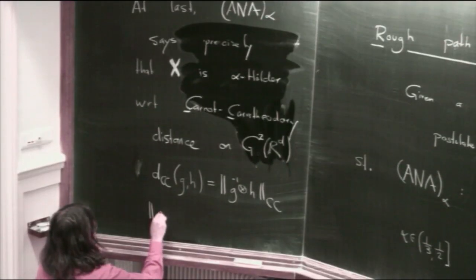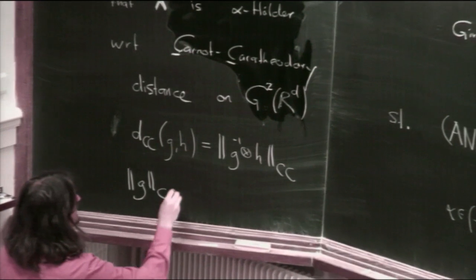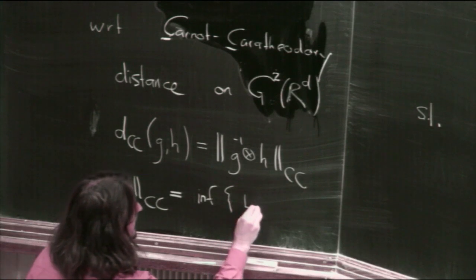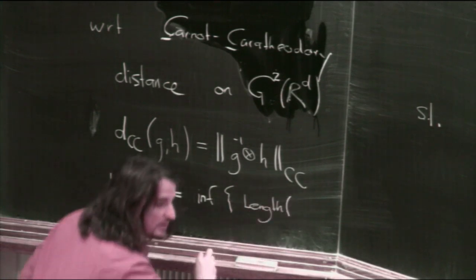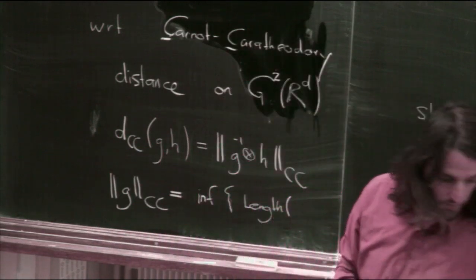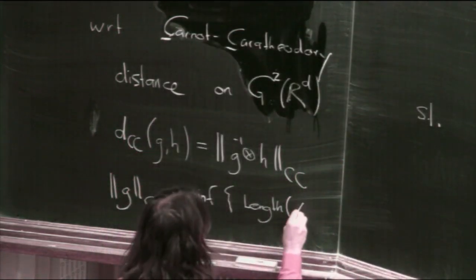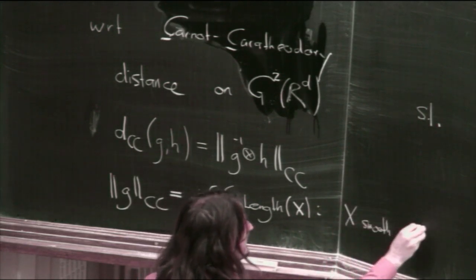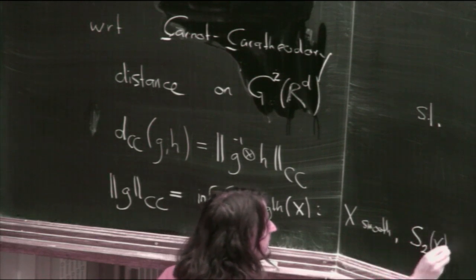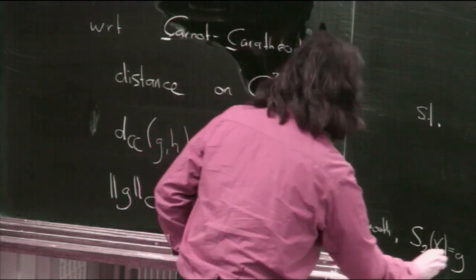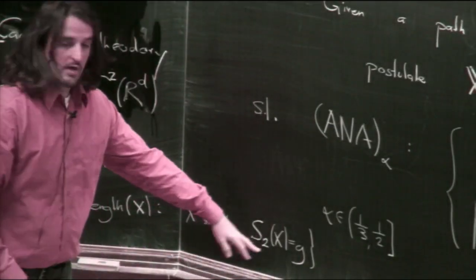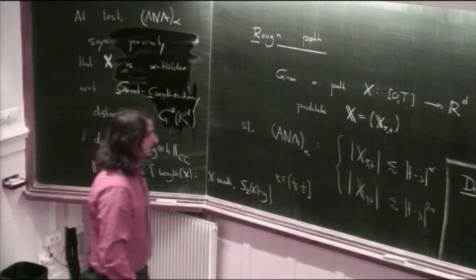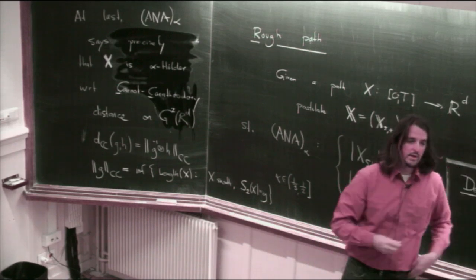So the Carnot-Caratheodory norm is simply the infimum of the length of x, where x is smooth and S2 of x is g. So remember, S2 of x was simply the step 2 signature. That means you take x, compute the iterated integrals of x, and together they give you an element in G2.